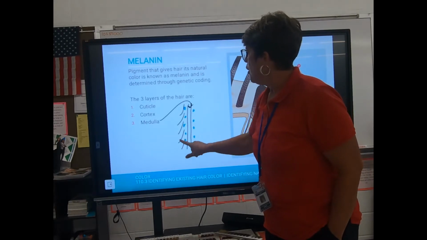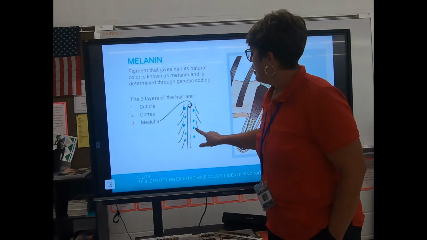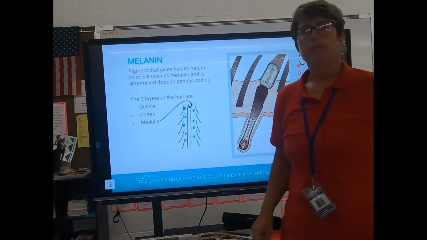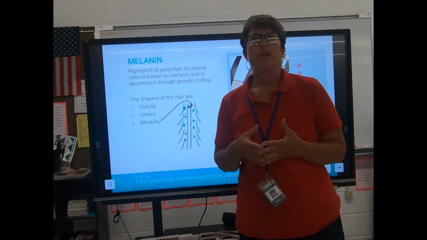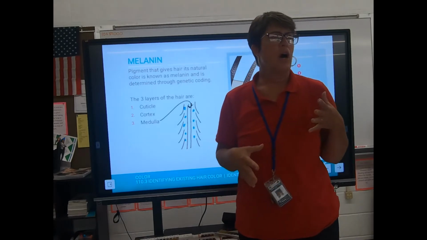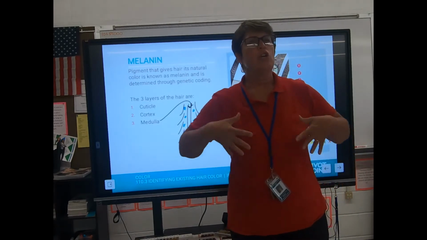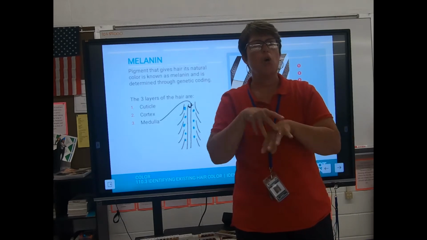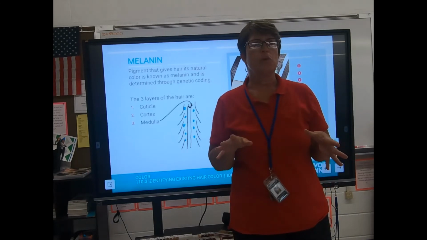Okay, and the cuticle overlaps like scales. Whenever you do anything in cosmetology, you've got to open those scales up. You've got to open that cuticle up, or nothing's going to happen.